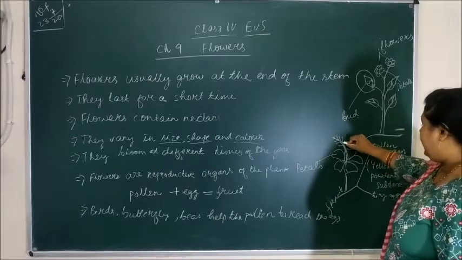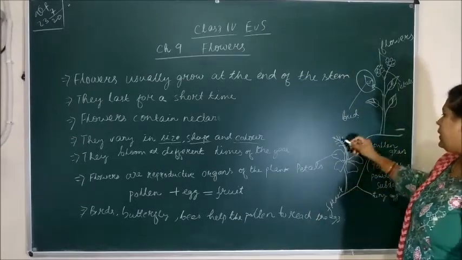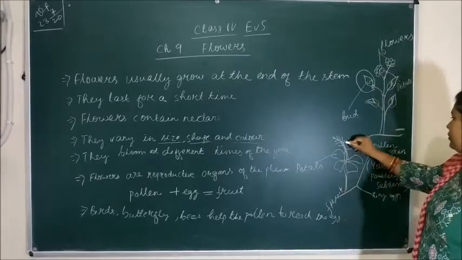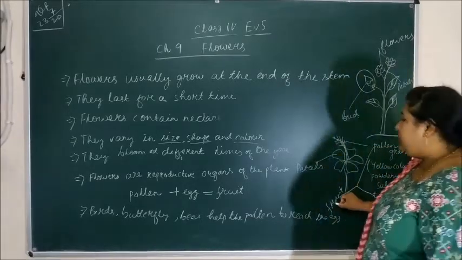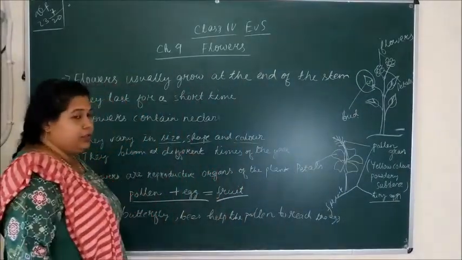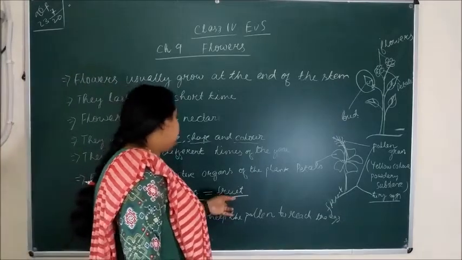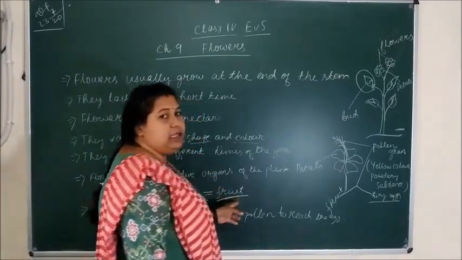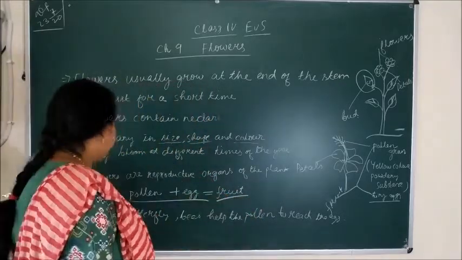The flowers also have tiny eggs. Whenever the pollen grain and the tiny eggs attach with each other, they produce the fruit of the plant.